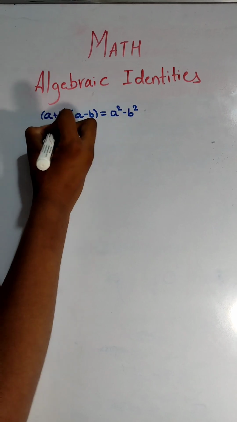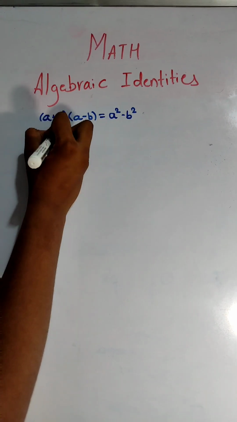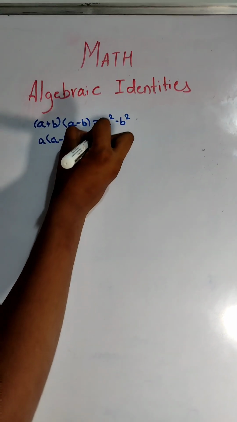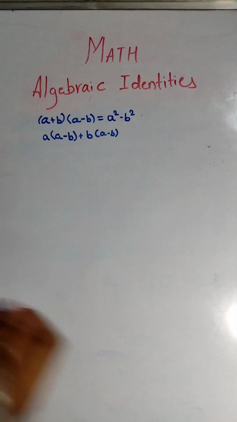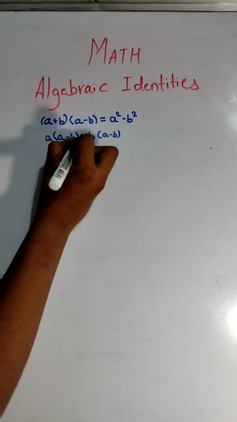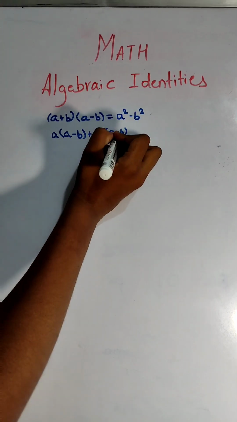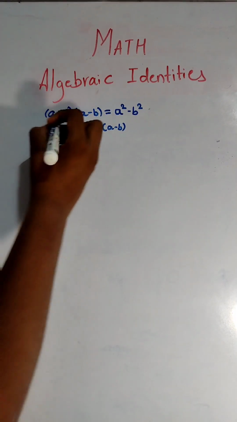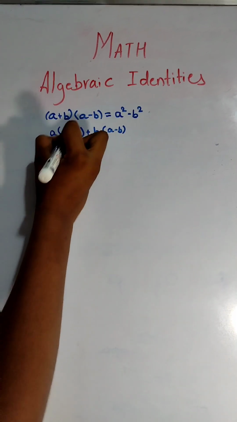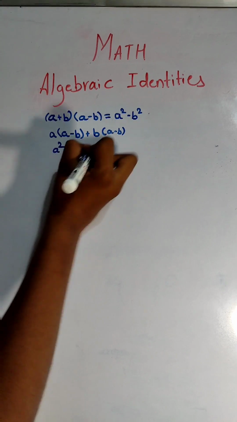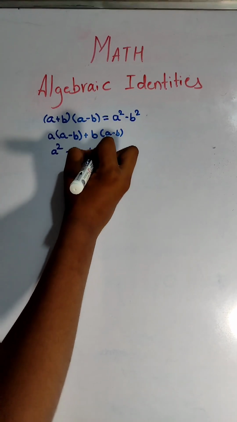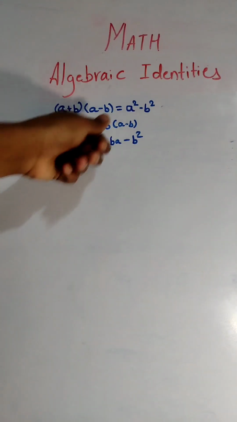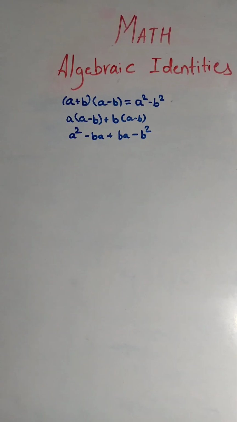So we can take this and put here a into (a minus b) plus b into (a minus b). In the last equation we had minus b over here, so all the terms would switch, but in this case we do not have a minus term. So all we are doing now is a square minus ab or ba plus ba minus b square, because there is a minus into plus, which is equal to minus.